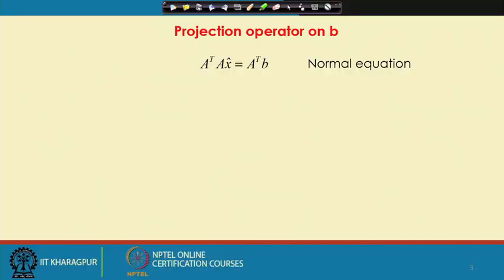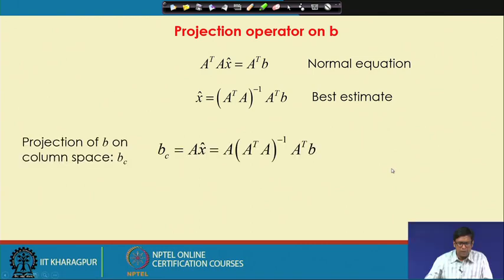This can be solved, and we have seen that the inverse of A transpose A exists when A has independent columns. So x tilde = (A transpose A) inverse A transpose b is the best estimate.